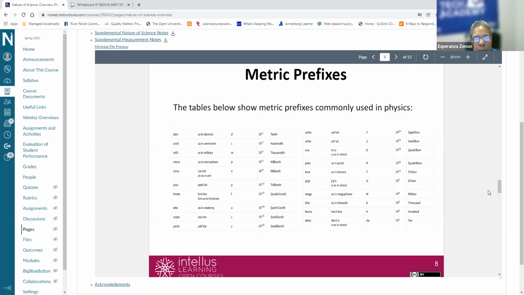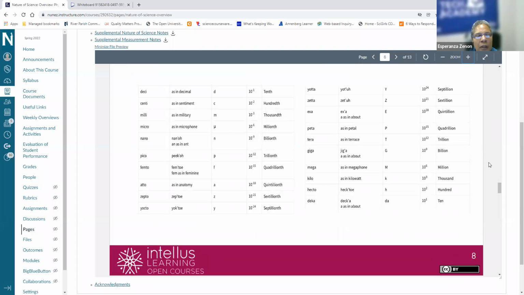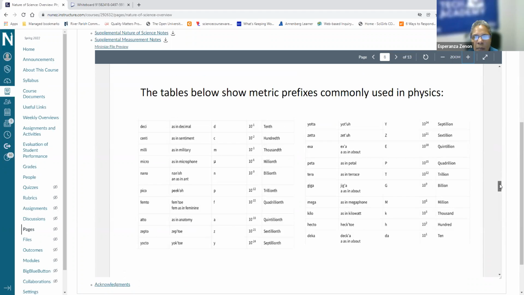And so we utilize these metric prefixes. Let me see if I can zoom in on that a little bit more. There you go. This is a table of metric prefixes. And these metric prefixes utilize powers of 10.